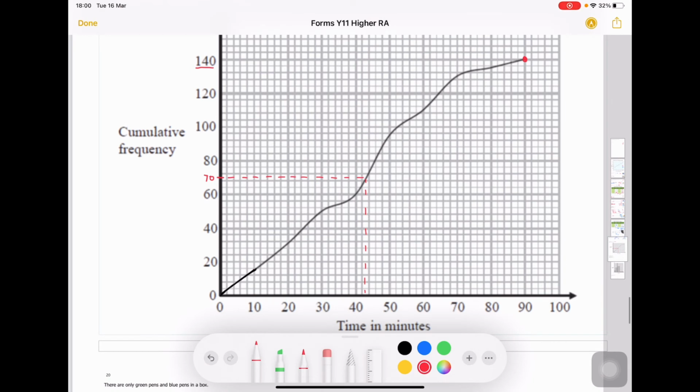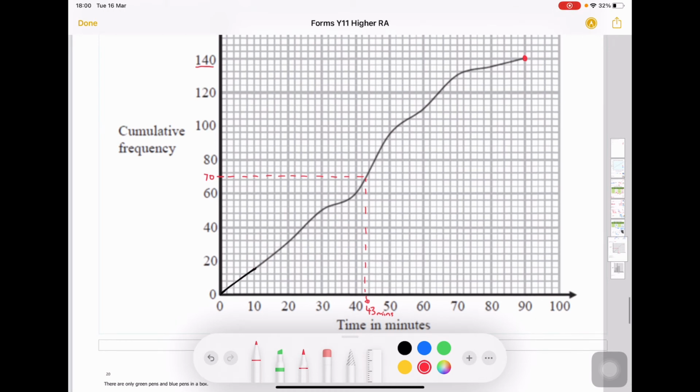So that corresponds to 42, 43, 43 minutes. But again, in an actual exam, they would be flexible with regards to the answer you put. If you answer anywhere between 41 and 45, you'd probably get the marks on this question.